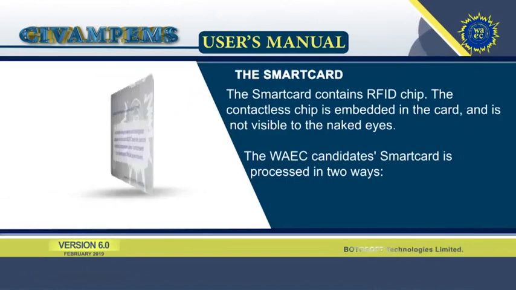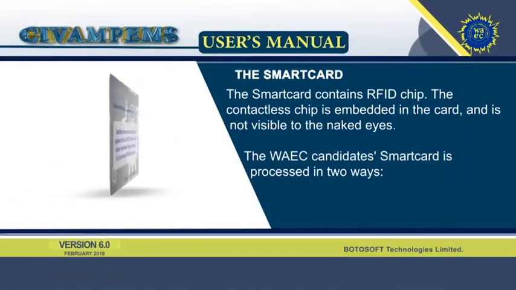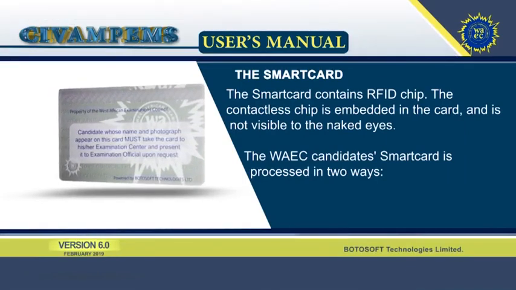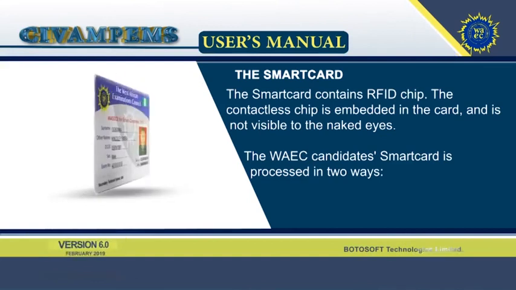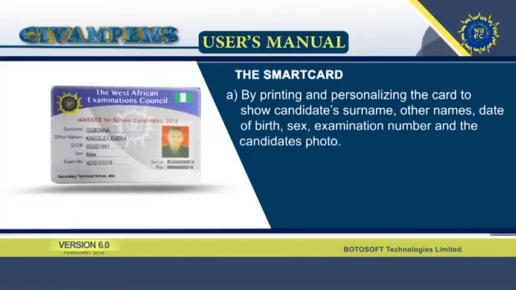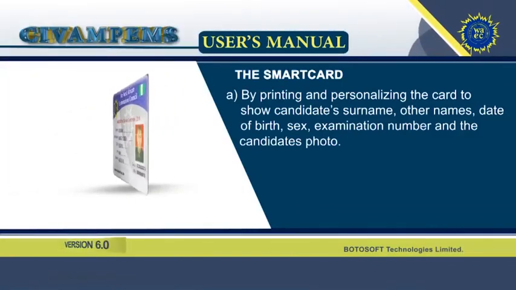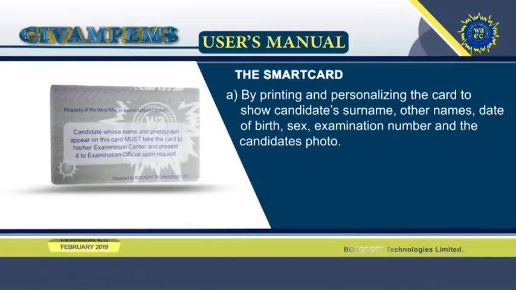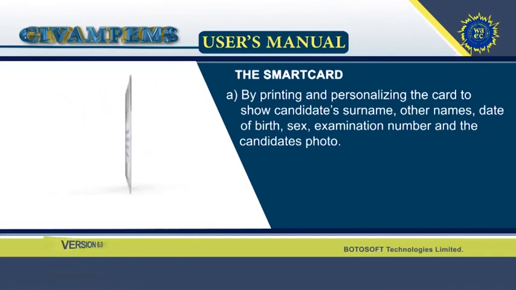The smart card contains an RFID chip. The contactless chip is embedded in the card and is not visible to the naked eyes. The WAEC candidate's smart card is processed in two ways: by printing and personalizing the card to show candidate's surname, other names, date of birth, sex, examination number, and the candidate's photo.